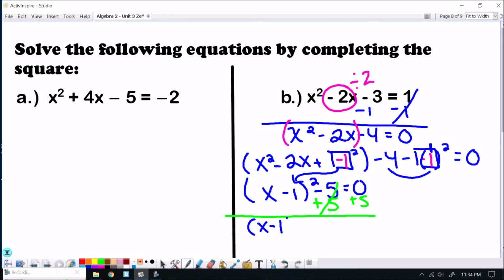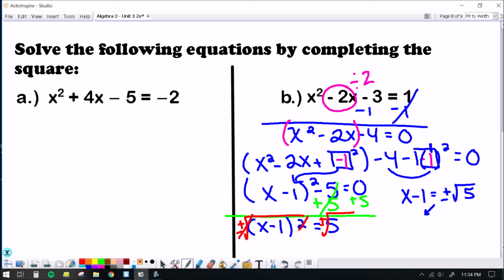So I have x minus 1 squared equals 5. I need to get rid of the square, so I can take the positive and the negative square root of both sides. And I get x minus 1 equals positive and negative square root of 5. Really, this is having two equations. So I have x minus 1 is equal to positive square root of 5, and x minus 1 is equal to negative square root of 5.